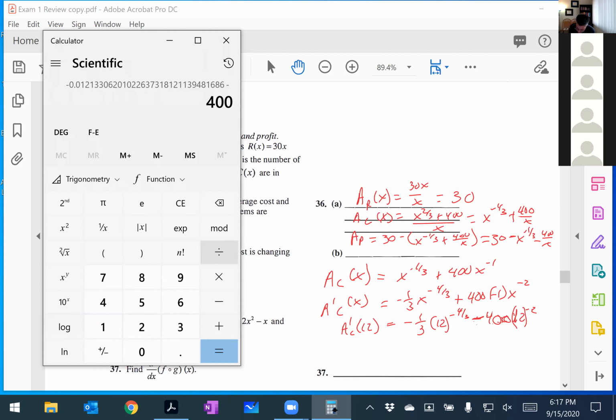I can actually do that in my head. That's dividing by 12 times 12, which is 144. And I get negative 2.79 on this one.